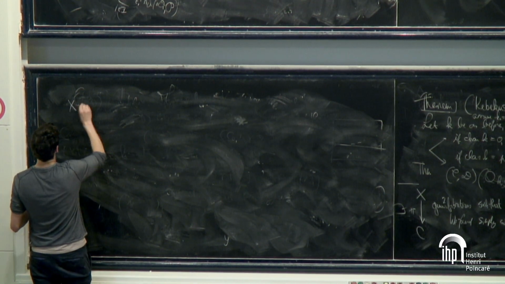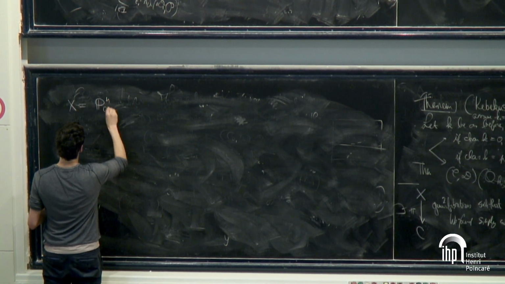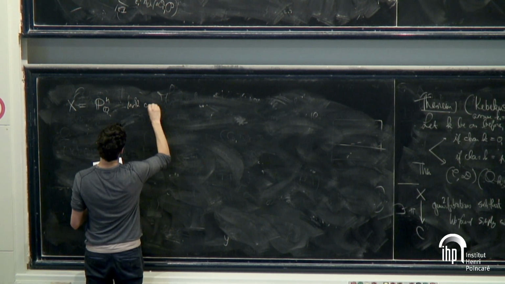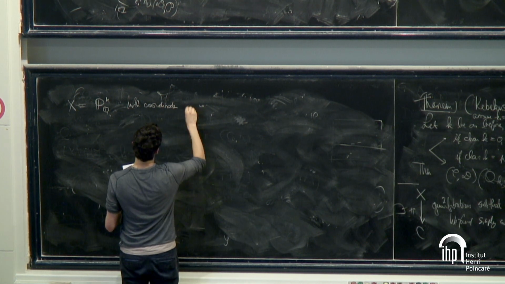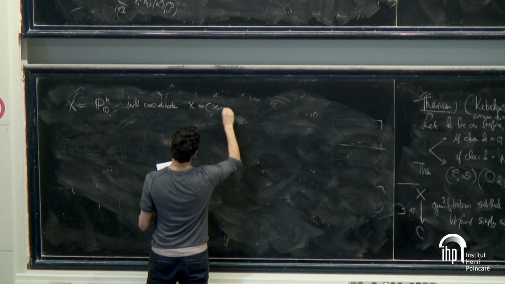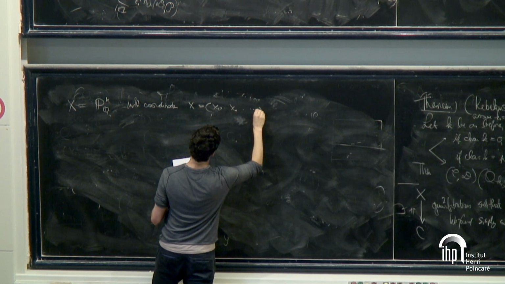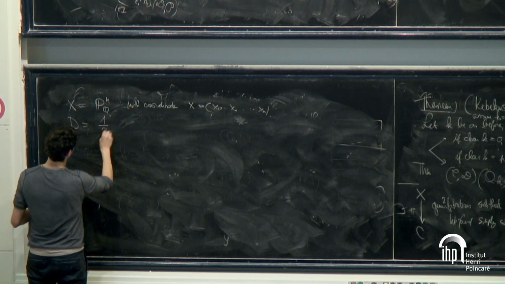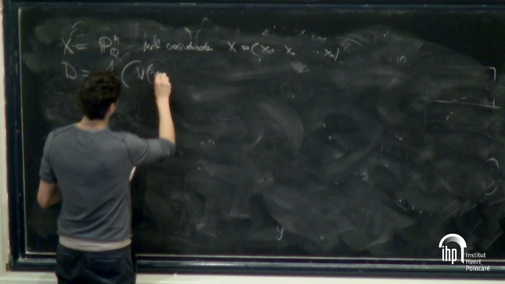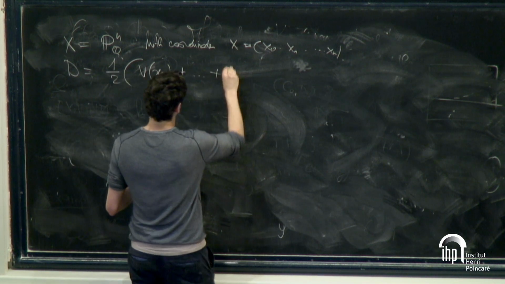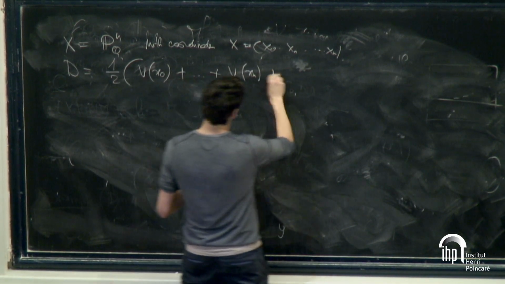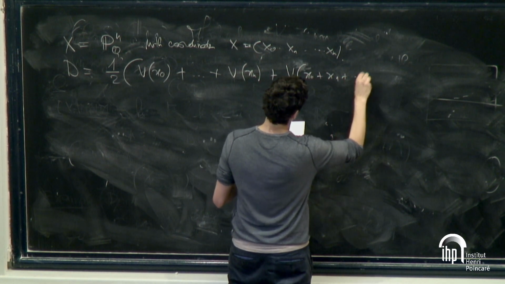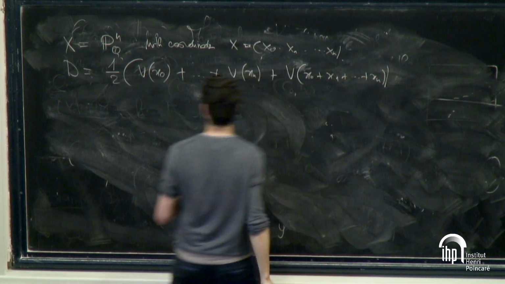So if you take X to be P^n over Q, with coordinates x_0 through x_n, and if you take D to be 1/2 times the union of all coordinate hyperplanes, and then I throw in an additional equation, so this is the vanishing locus of the sum of the coordinates.